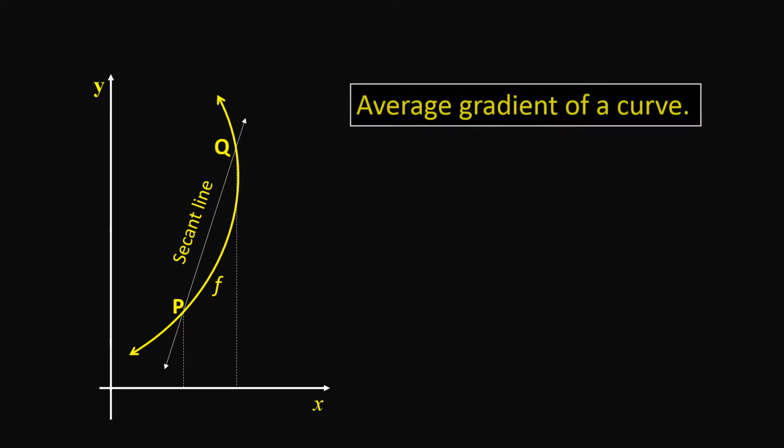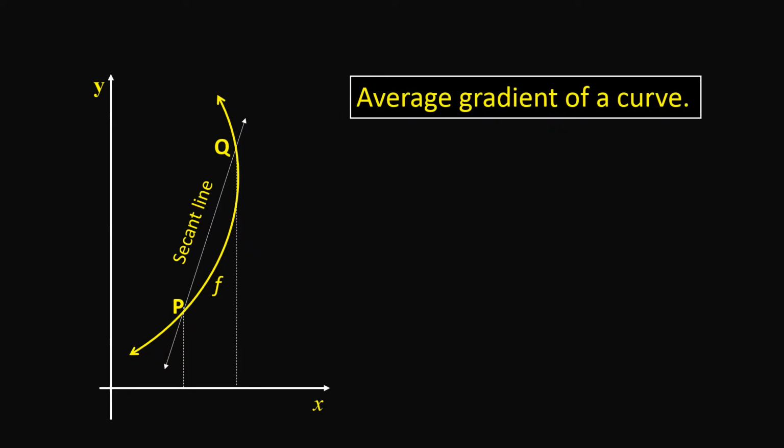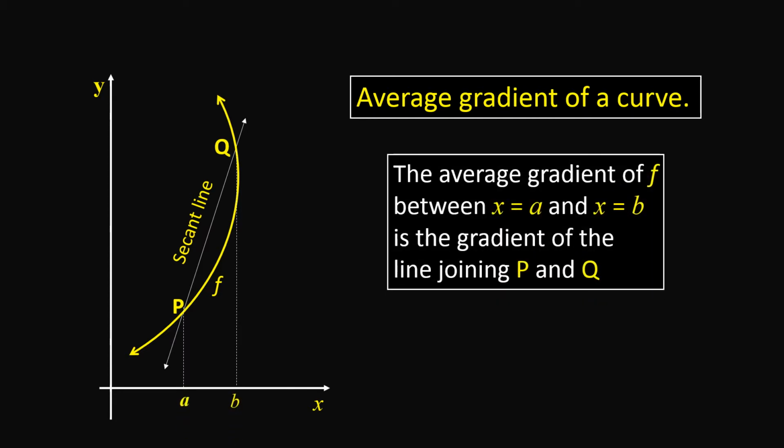Look at the graph. We are going to understand average gradient of a curve. We have 2 points, P and Q on the curve. PQ is a secant.